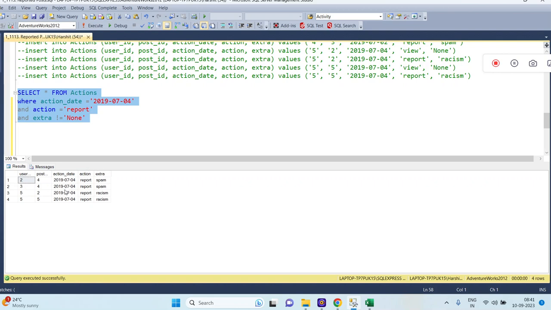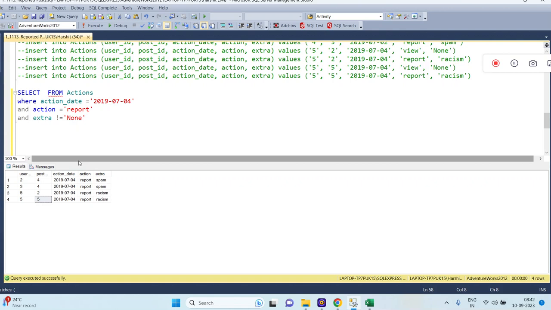And again on the 4th of July, there are two different posts reported by the same user. But now our requirement is to calculate the number of distinct posts, right? So let me select the data.